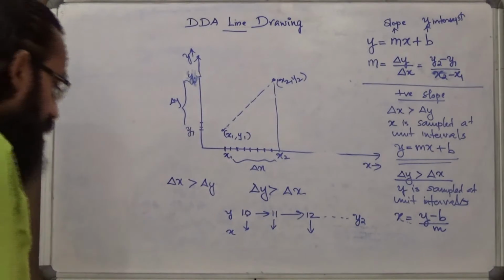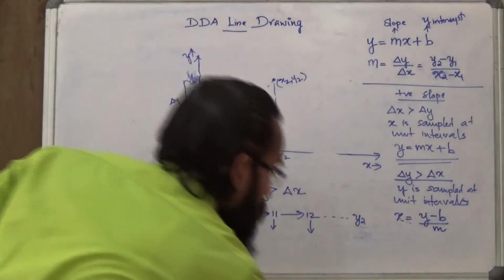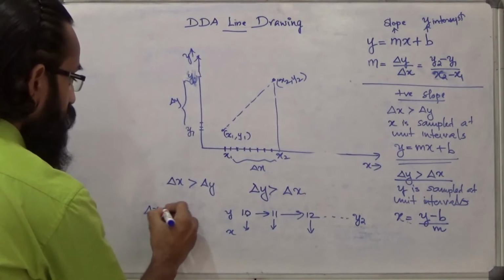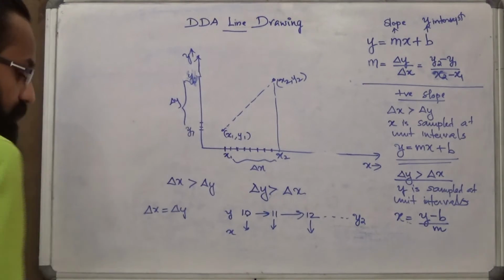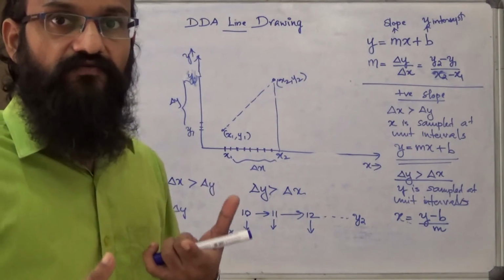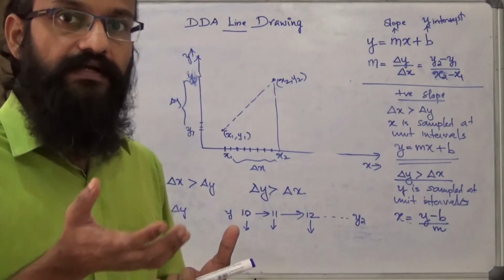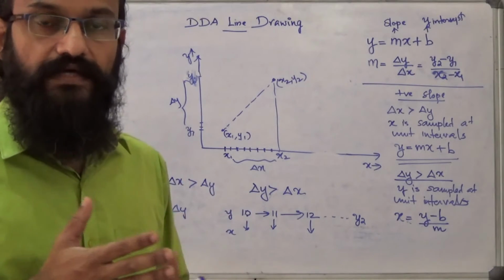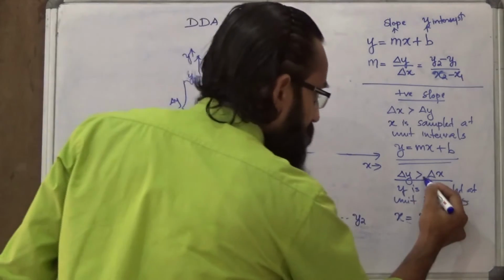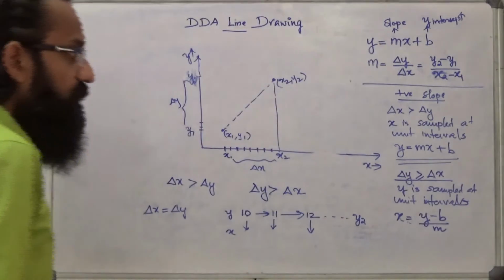Now, what happens if delta x is equal to delta y? Then the x difference is the same as the y difference. You can either sample x at unit intervals or sample y at unit intervals. For the time being, you will be sampling y at unit intervals.